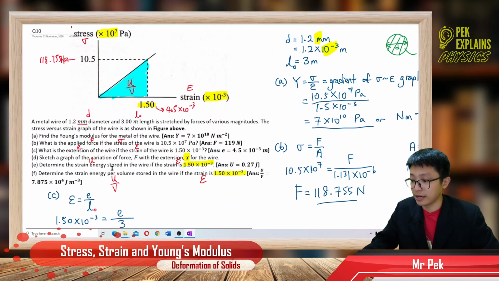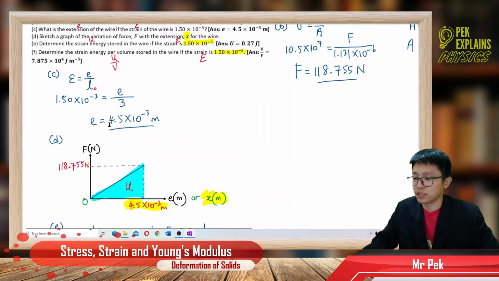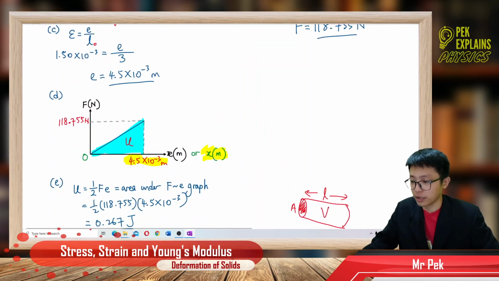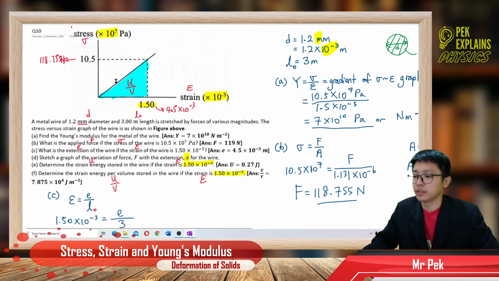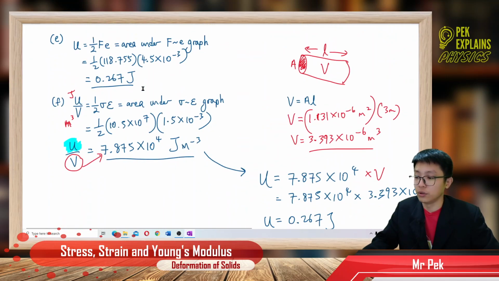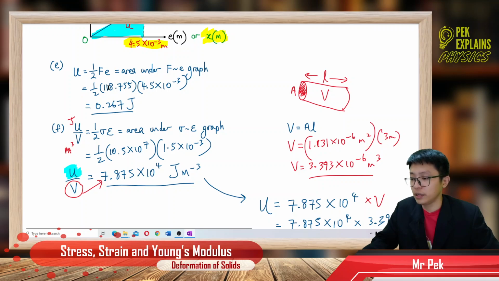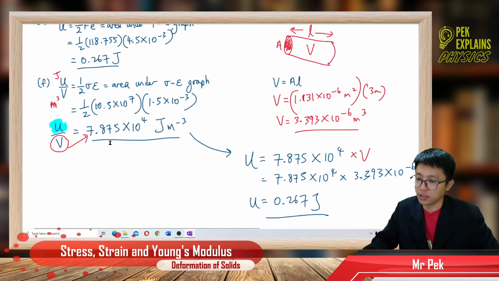The strain energy is the area under the force-elongation graph, and the strain energy per unit volume is the area under the stress-strain graph. So strain energy is half F times e, and strain energy per unit volume is half stress times strain. I think that's it for this chapter.